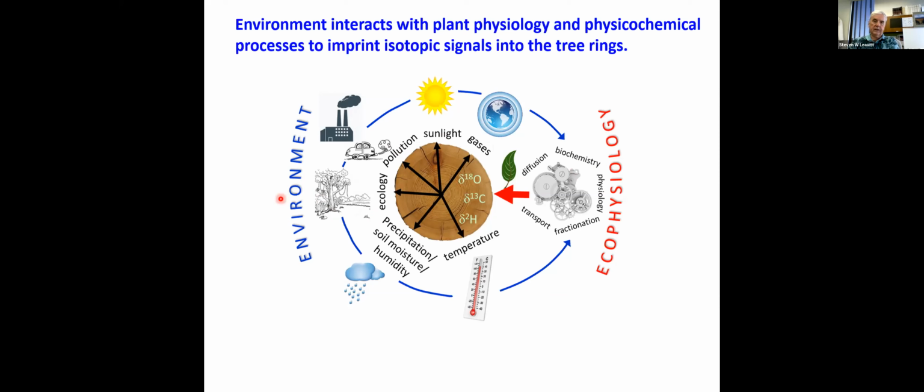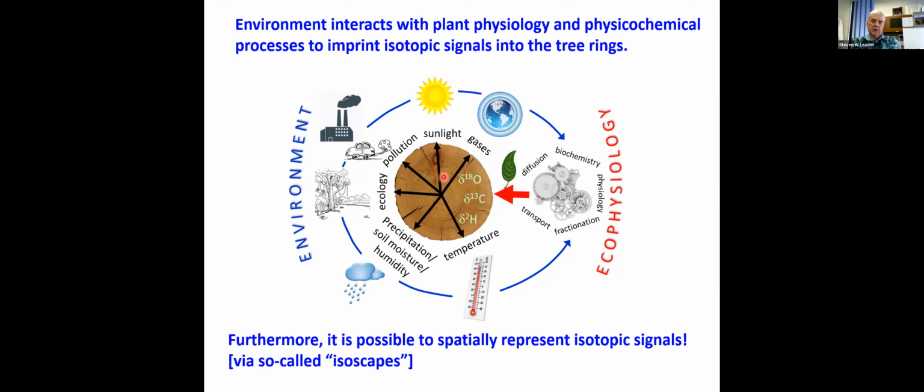There could be other ecological types of things relating to shading, competition, fire, herbivory, et cetera, that could make their way through this mechanism and be recorded in terms of some kind of variation or change in variation in isotopes.